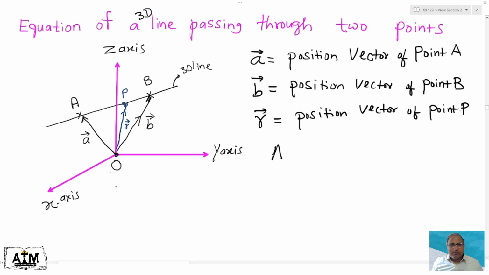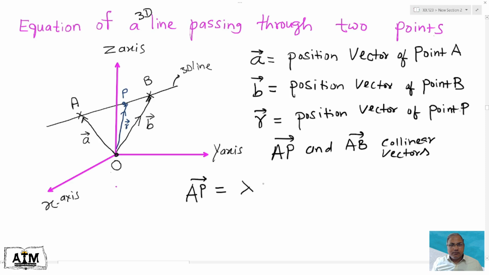So vector AP and vector AB are collinear vectors. Why? Because point P is present anywhere between A and B, so vector AP and vector AB are collinear vectors. Now they are related by a relation: vector AP equals lambda multiplied by vector AB.